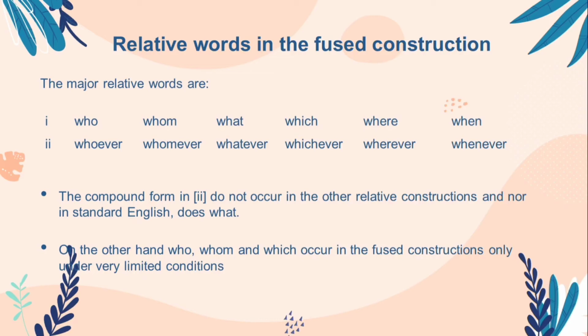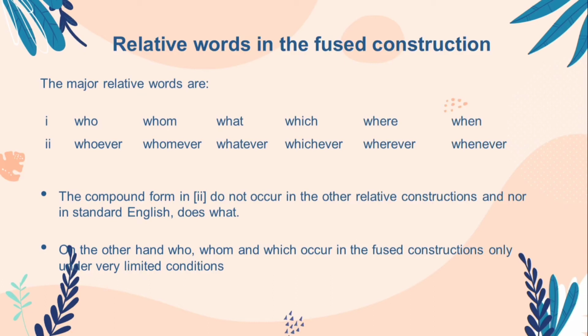And in the second bar, we have whoever. Whoever is a subject pronoun, like I, he, she, they, and who. As a subject pronoun, it refers to the subject or actor in a sentence. The next is whomever.